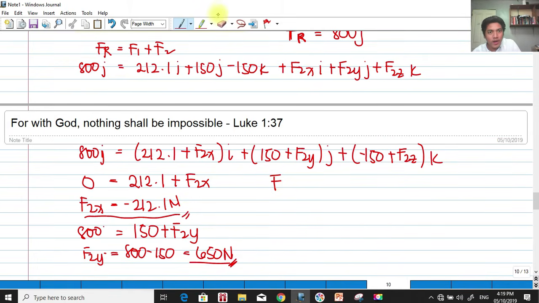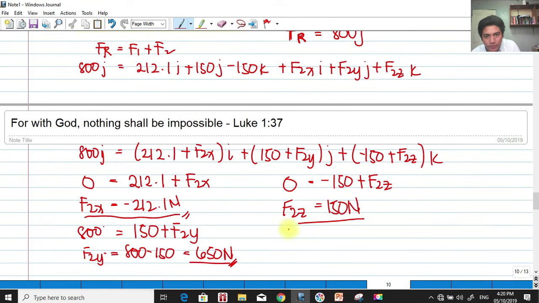How about F2z? Equating this on the other side, we have 0 because we don't have any k vector here. So we have negative 150 plus F2z, and F2z is simply 150 Newton.